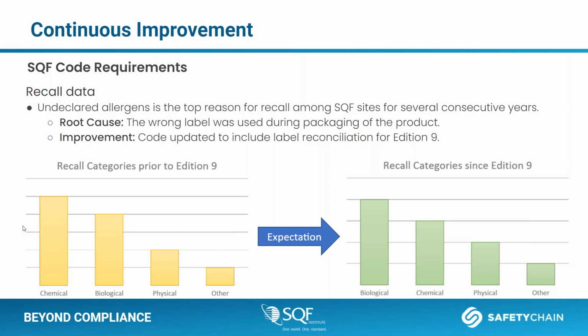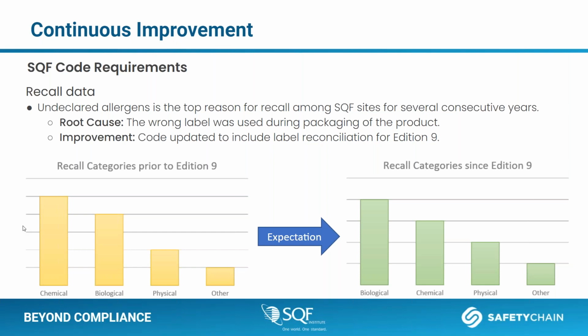And so they forget to change their labels, or there's a few during the changeover process that accidentally got left in the packaging machine. So the wrong product, one with an allergen, got put into a label that did not declare dairy or whatever on the label. So we saw that as an issue.